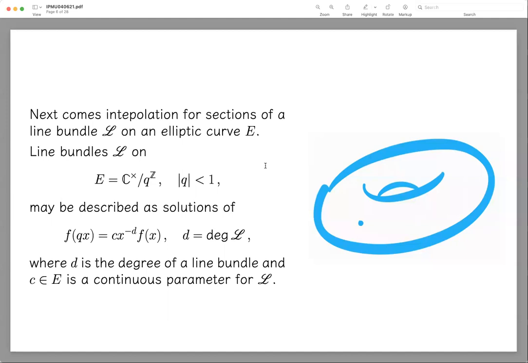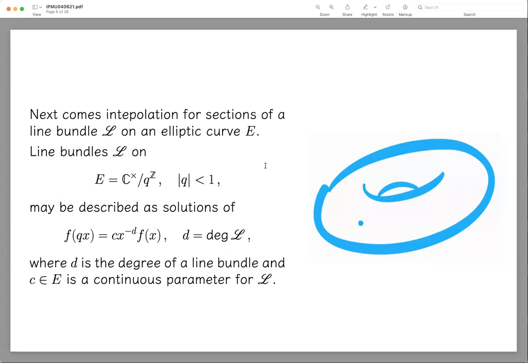In contrast to the torus and the line, where we had a natural set of functions, namely polynomials and Laurent polynomials, on the elliptic curve the natural things to consider are sections of line bundles.